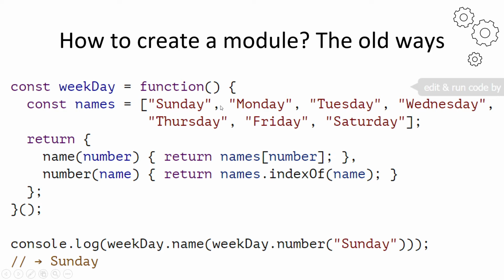So there are some limitations using functions to create a module. For example, you cannot manage your dependencies. As you can see in this simple function, we don't have any dependence. But if you want to add some dependence to your module, it's difficult to do it in a function.